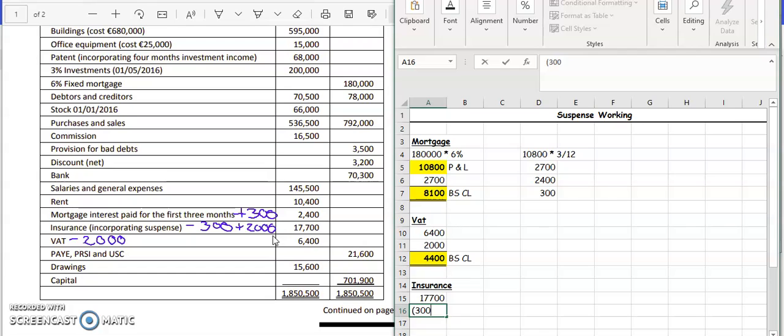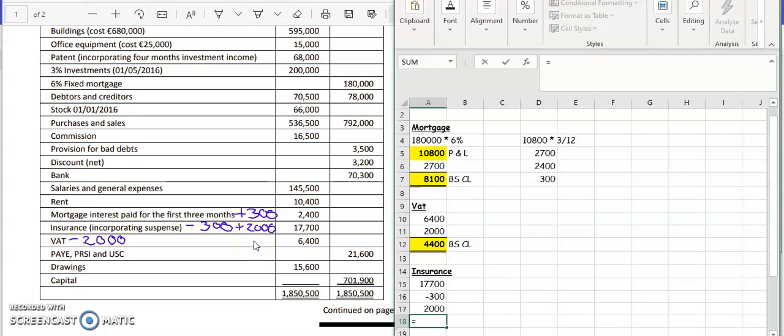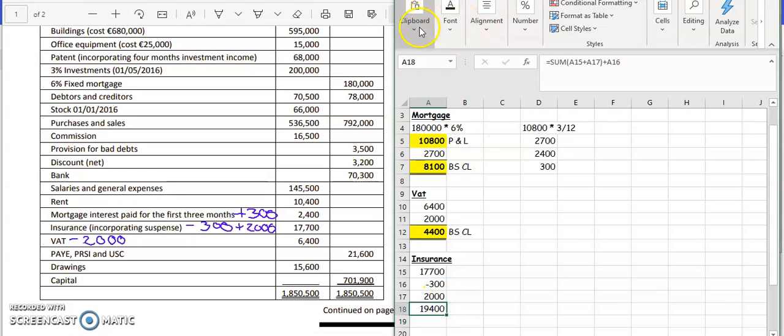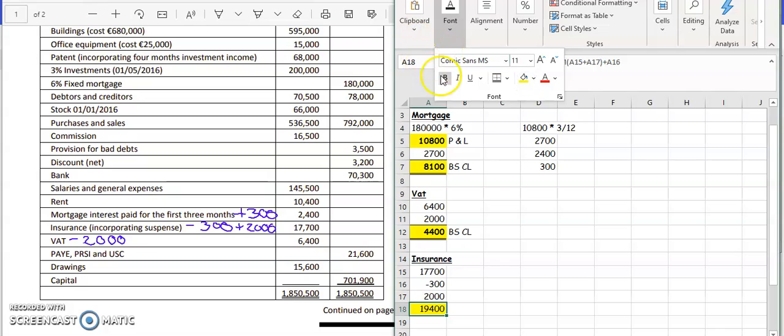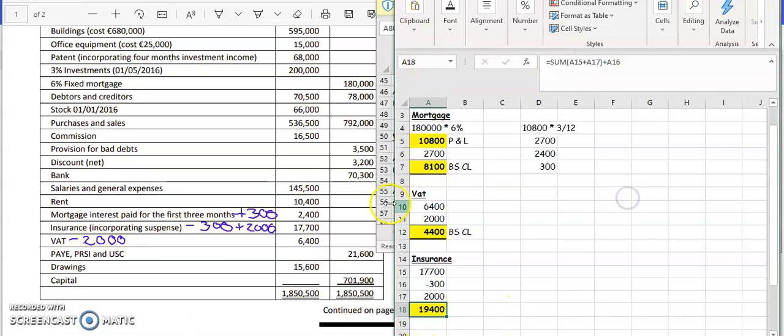And then we're going to add on the 2,000 from the VAT return. So you get 19,400 is a figure then that will go into your expense account. And that's how you answer the suspense question.